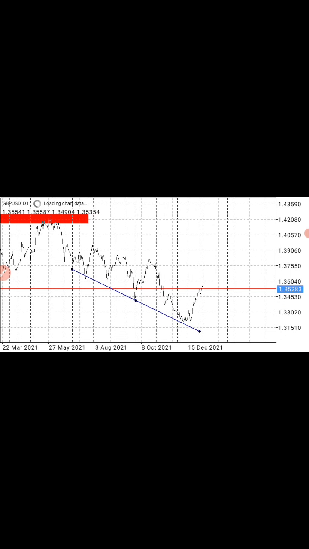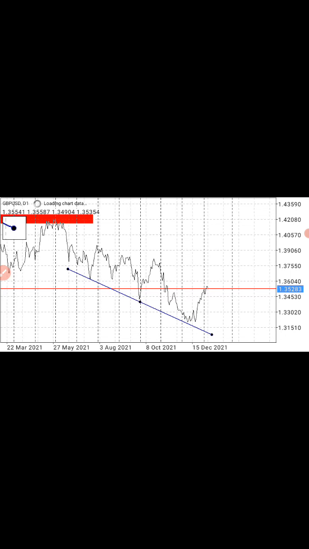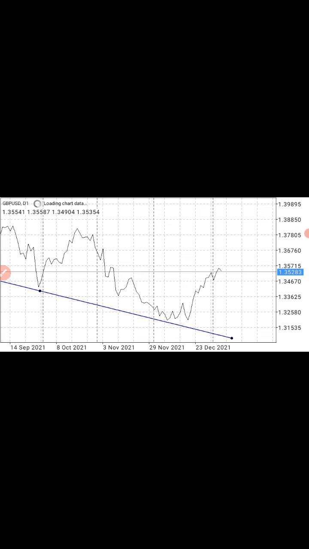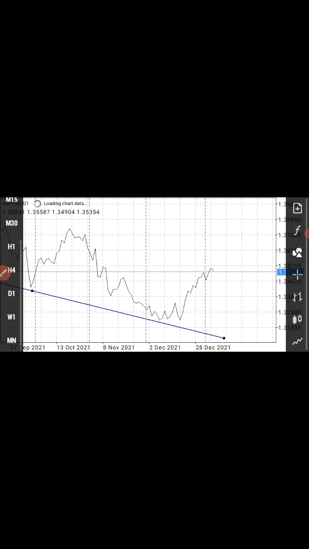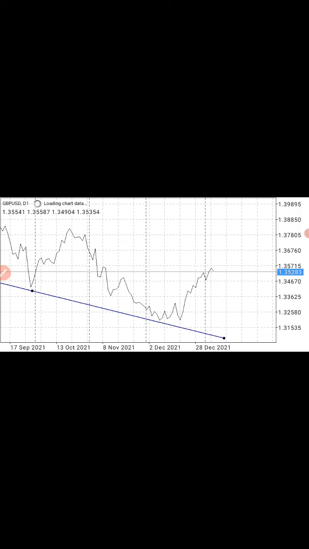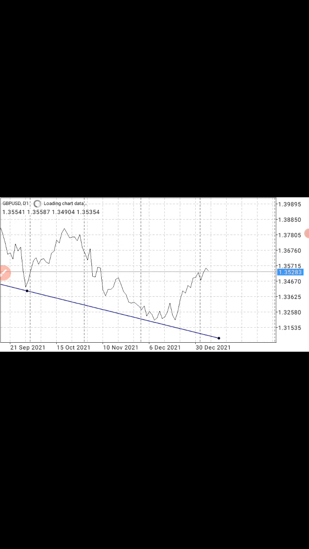When we have multiple touches like that, they support the market structure. They give us an edge to take that trade. You can see it, guys.